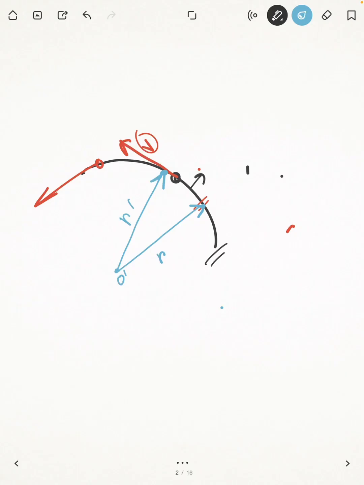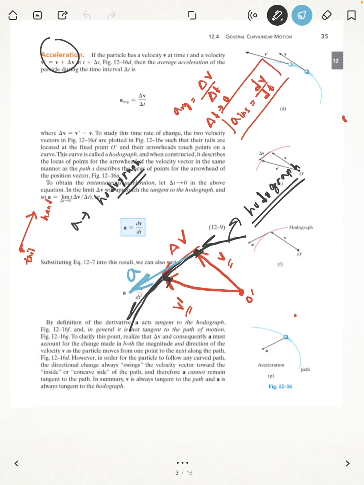If you join these locus points, that forms a curve, which is the path of the motion. So the locus of the points of the position vector forms the path of the motion, but the locus of the head of the velocity vector forms the hodograph. For the position vector, they form the path of the motion, the S curve.